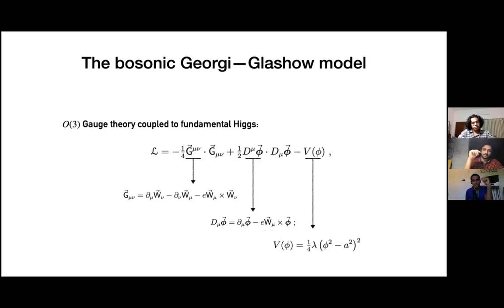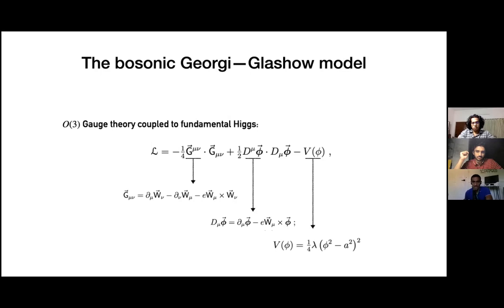So the notation here is that W with the hat over it is the gauge field for the SU(2) theory, or for the O(3) theory. The reason there's a hat over it is to indicate that it's a vector in internal space. It's a 3-vector in internal space. It's also a space-time 4-vector; that's the mu index.